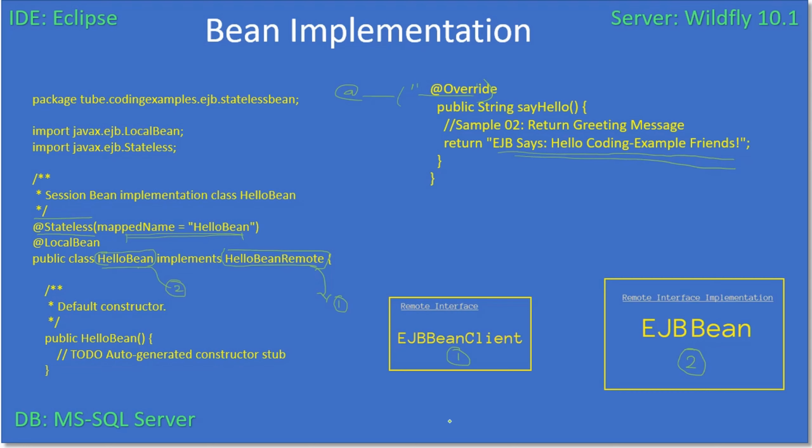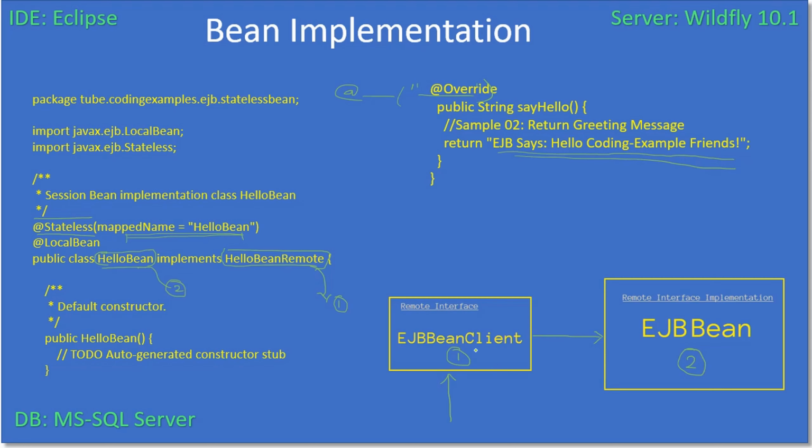So when a client makes a call, the client will access the EJB Bean client. It may be a web application like JSP, Servlet, or some other EJB or other JavaEE component. It will contact the EJB client, and the EJB client will make a call to the EJB Bean. The client here means the EJB Bean client, which is the client interface or the project for client access.